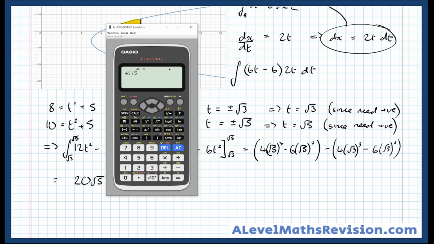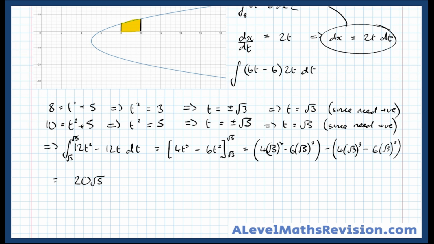Let's check that. Yeah, 20 root 5. 6 root 5 squared is 6 times 5, which is 30.